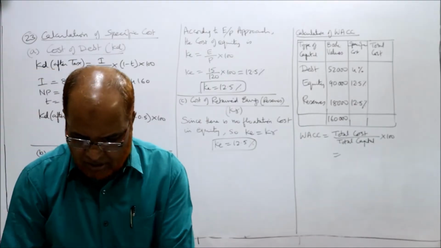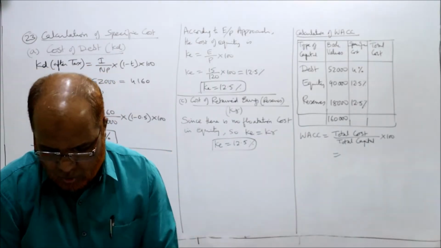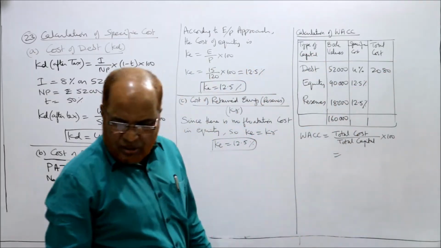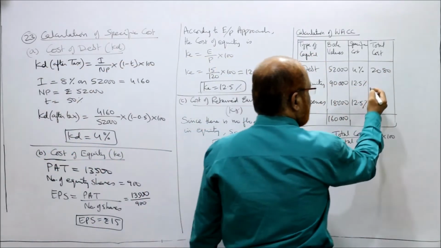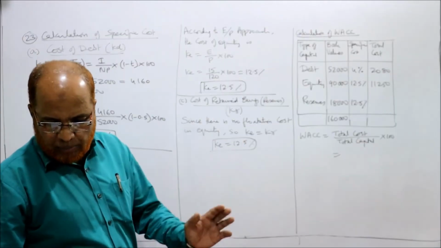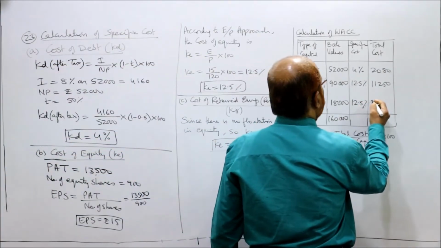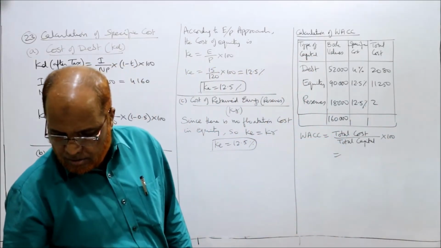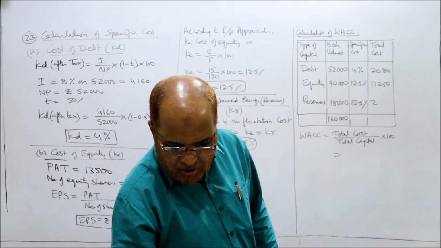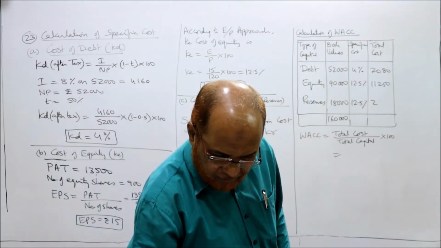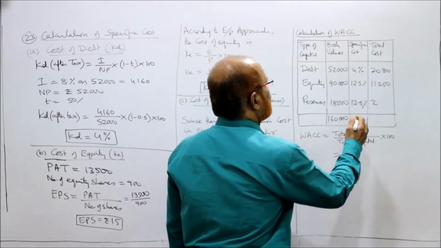The cost, we calculate the cost now. Multiply 52,000 into 4%, 2080. 90,000 into 12.5, 11,250. Then 18,000 into 12.5%, 2250.